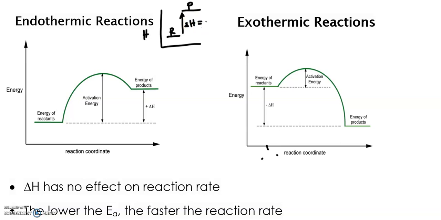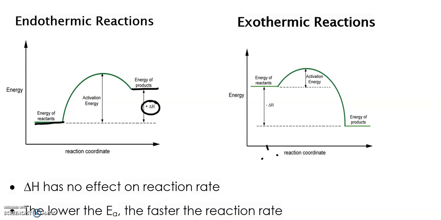So that relates to this right here, but what we're doing is adding this piece in the middle. We could call it a hill, we could call it the hump, but it's how you get from reactants to products. In an endothermic reaction, your reactants are down here, your products end higher, because your delta H is positive.